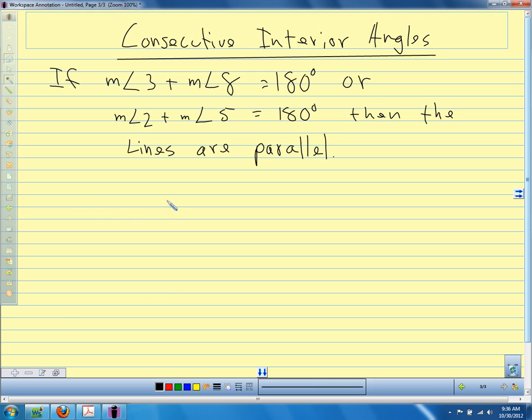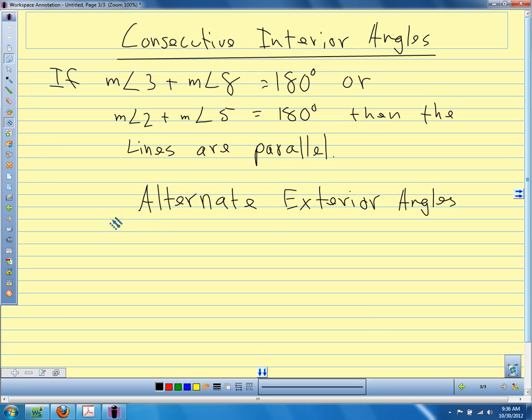In the box below that, alternate exterior angles. So on Friday, what did we say we know if the lines are parallel? What do we know about alternate exterior angles? If the lines are parallel, alternate exterior angles are congruent. We're just turning that around.